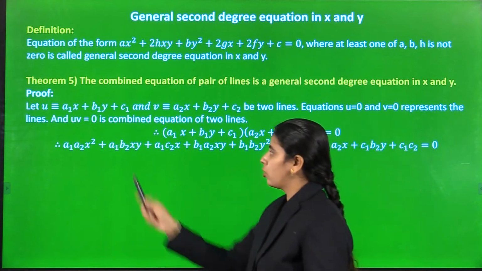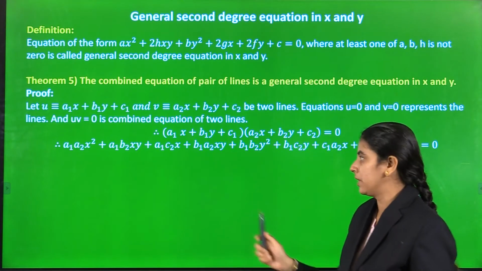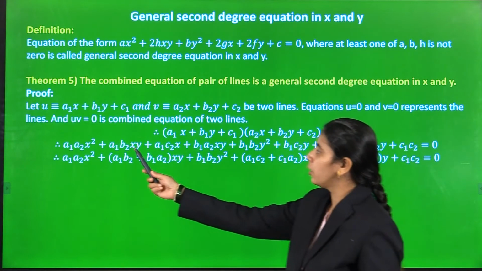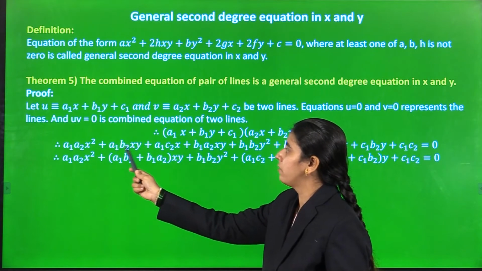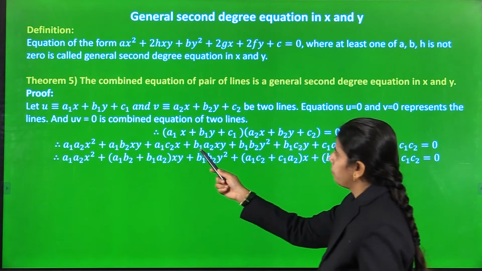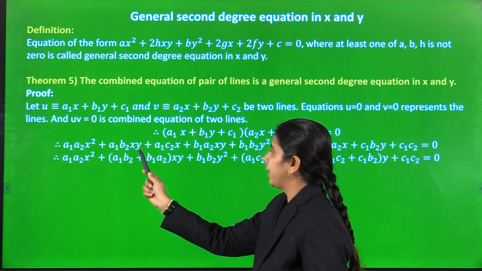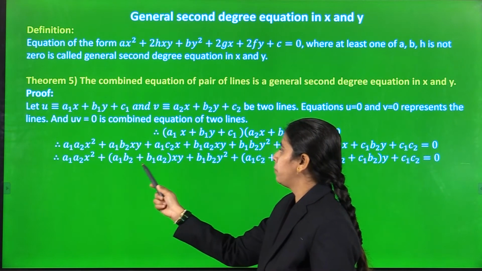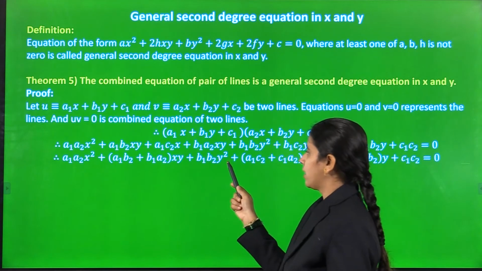Now combine the terms which have the same variable. We get a1 a2 x square. Then combine the two xy terms, a1 b2 xy and b1 a2 xy; taking xy common, we get a1 b2 plus b1 a2 into xy, plus b1 b2 y square.